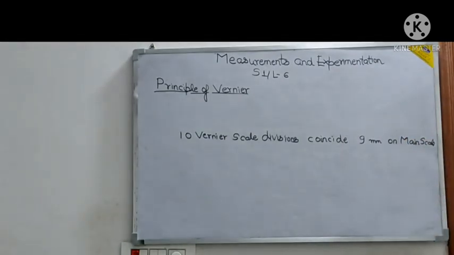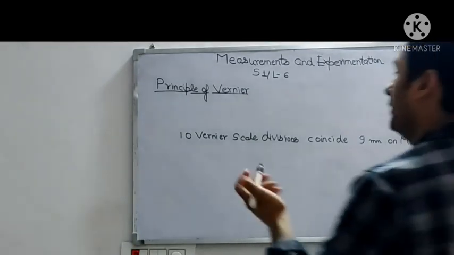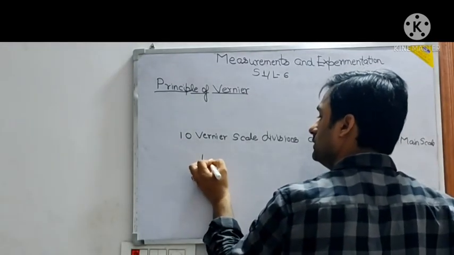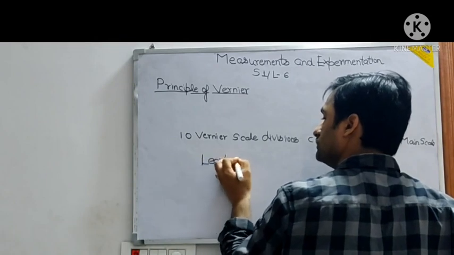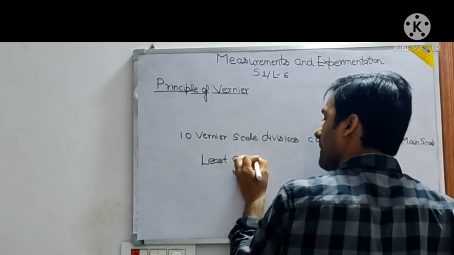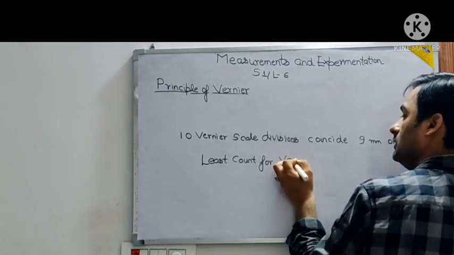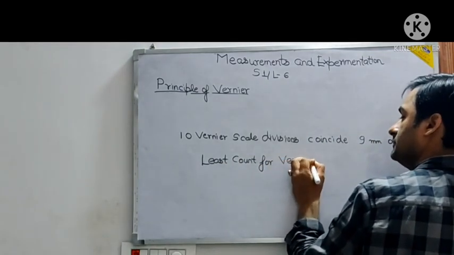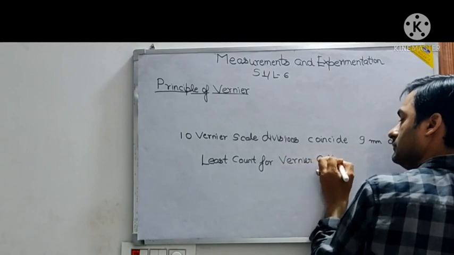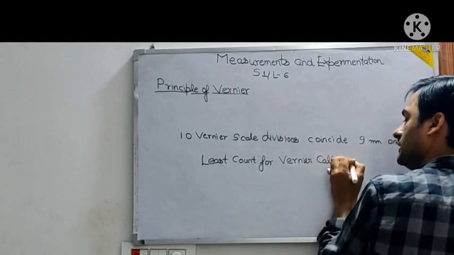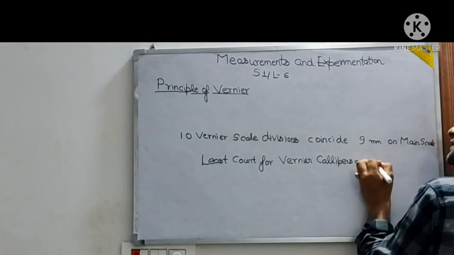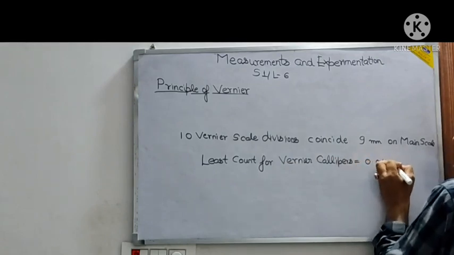So, see, since I have told that, what is the least count for vernier calipers? What is that least count for vernier calipers? 0.01 centimeter.